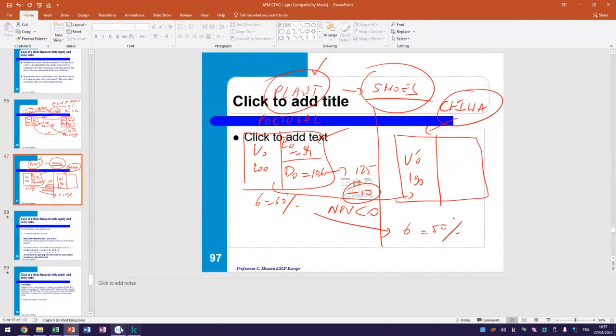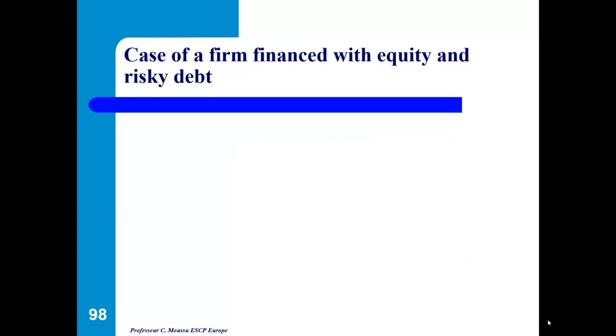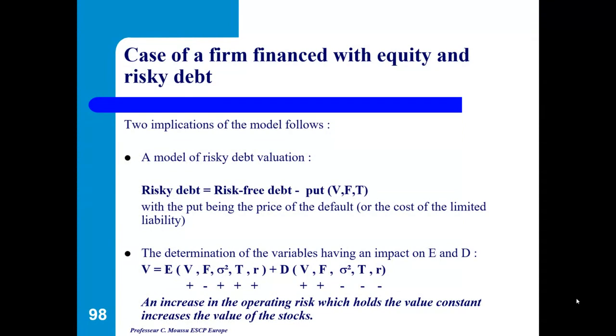So just to finish on that, maybe I can show you that. The firm value is the value of equity plus the value of debt. But the value of equity is like a call, and here are just the parameters that have an influence on a call.